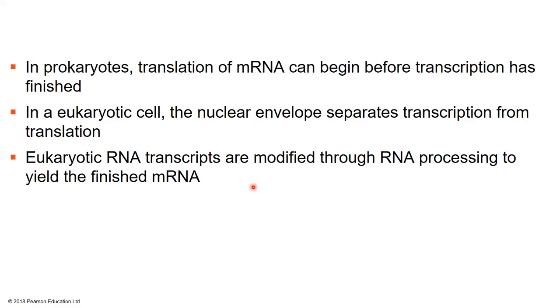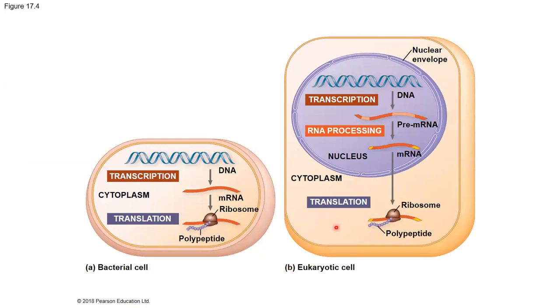So now let's have just a quick look at the differences in how transcription and translation happens in eukaryotic and prokaryotic cells. So to the right, we have typical eukaryotic cells. And to the left, we have typical prokaryotic bacterial cells.